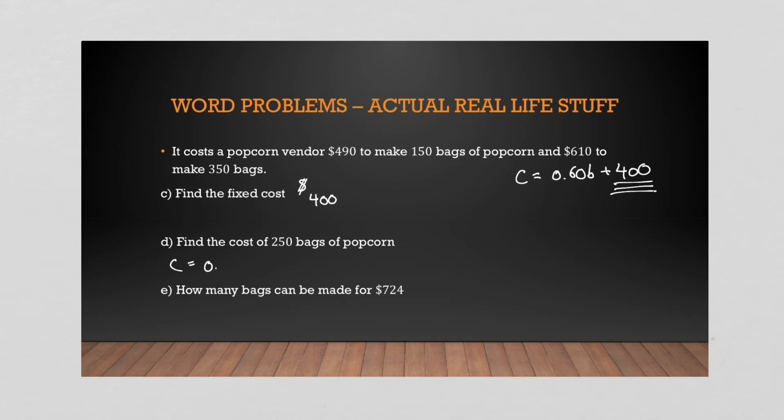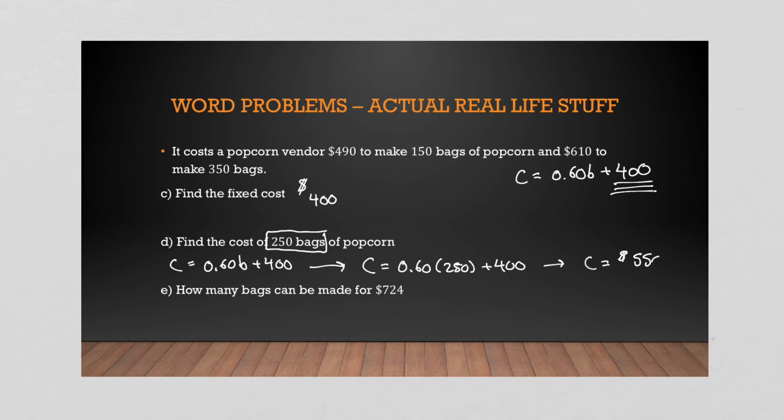Cost equals 0.60 times b plus 400, and in this case it's giving you a bag value, so we just plug in for our bags, and it's asking for cost, right? So cost is equal to 0.60 times 250 plus 400, which, plug that in through your calculator, and you get that the cost is equal to $550.